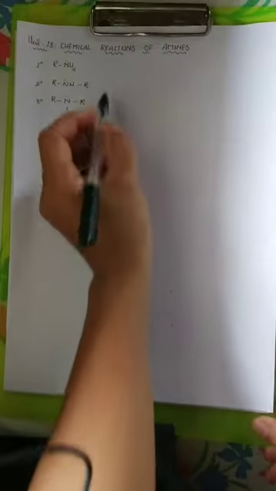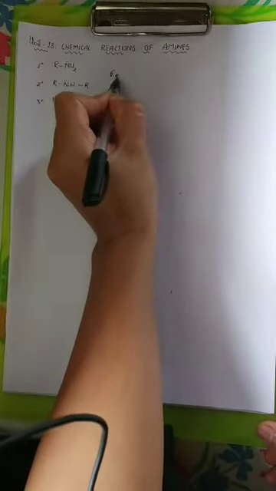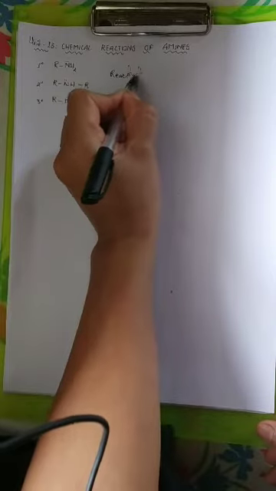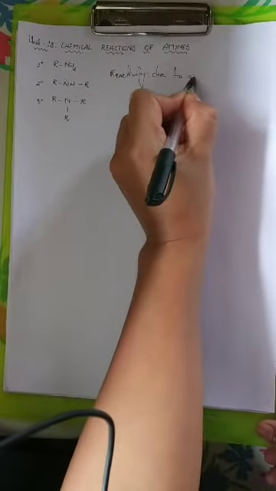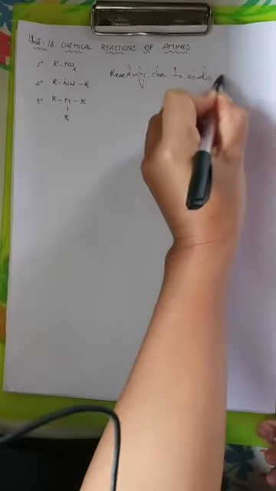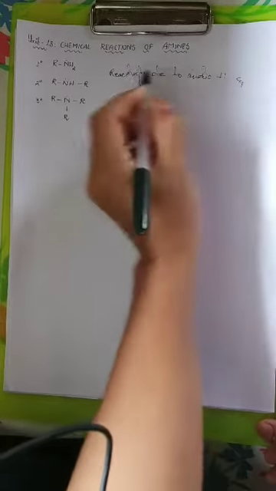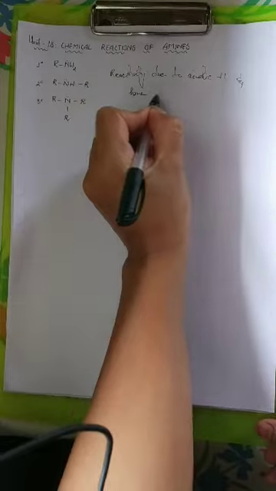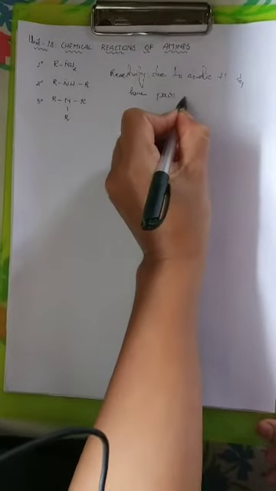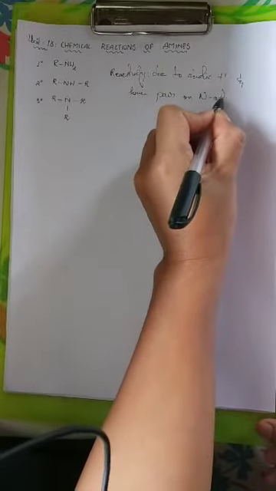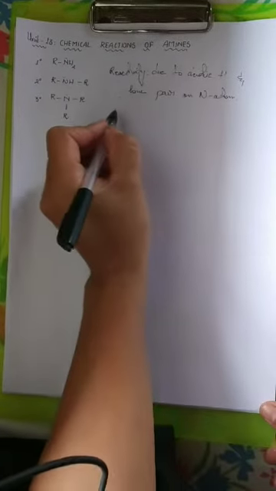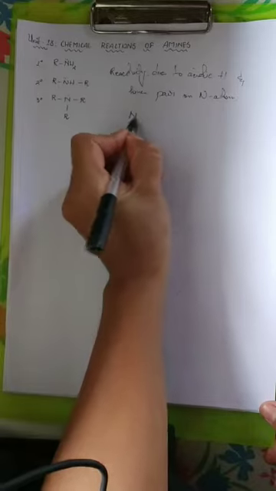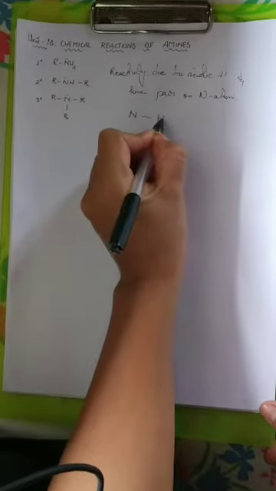Now, therefore, we can summarize that the reactivity is due to the acidic hydrogen and the lone pair on the nitrogen atom. Also, another reason for the reactivity is the electronegativity difference between nitrogen and hydrogen.